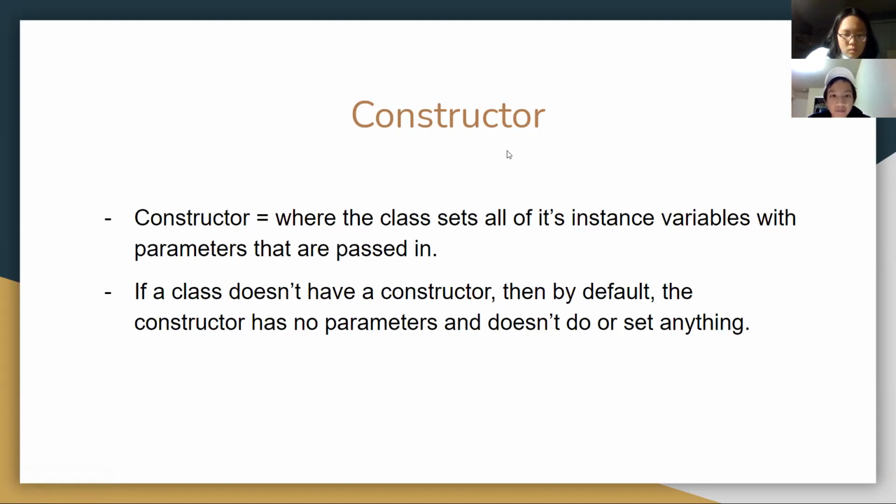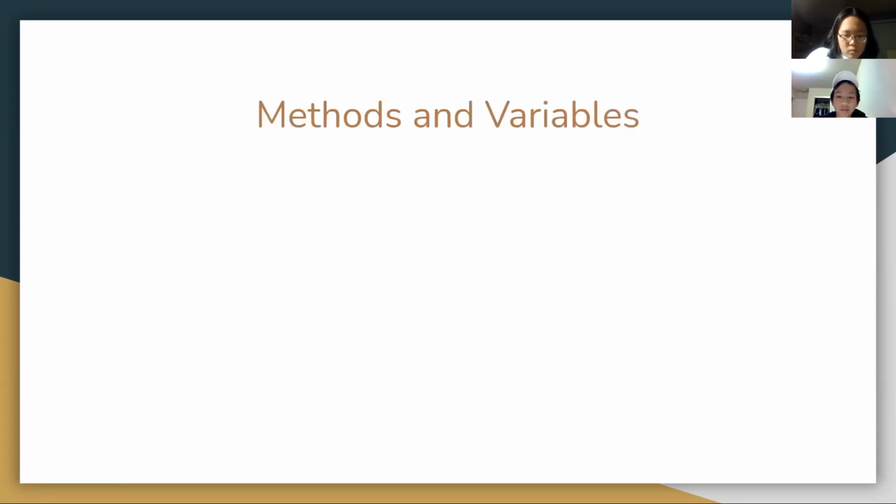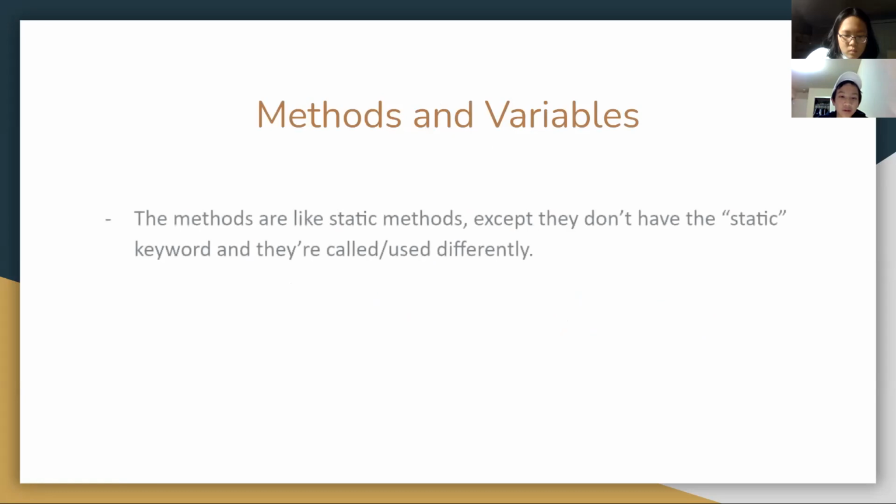If you want to go back to the example slides, you can always go to this link and look in the doc. But let's go to methods and variables now. The methods inside of a class are just like the static methods we used before, but the difference is that they don't have the static keyword in their creation.